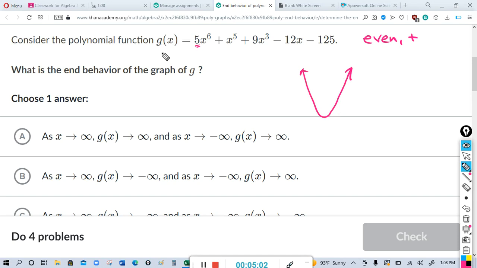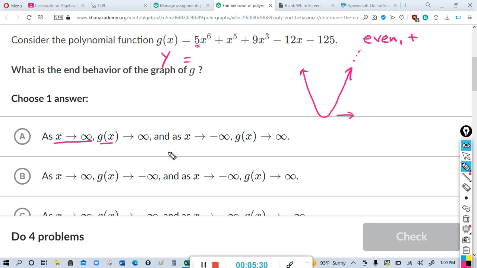So g of x is basically the y coordinate. It's y equals this right here. As x goes to infinity, g of x, as the graph goes this way, for the y, it keeps going up, up, up. It keeps going to infinity.